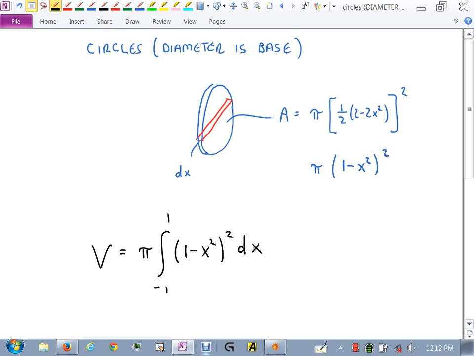That would give you your volume. And then if it was a semicircle, what would be the only difference? You just take half of that, right? So up here, you would have just said this formula right here for area, you just would have thrown another extra half on the outside. All right, that okay?